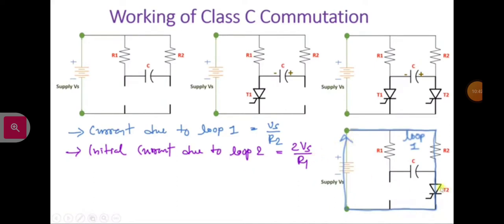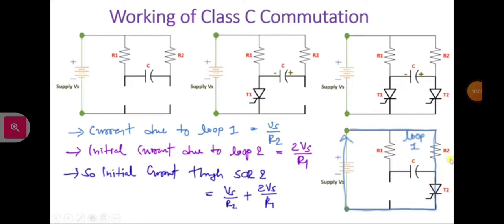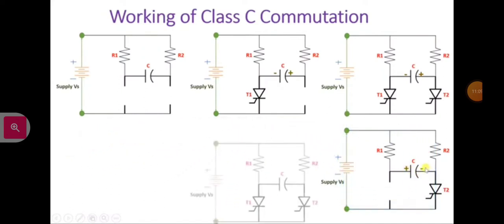And current through thyristor T2 initially will be maximum, with the value 2Vs by R1 plus Vs by R2. Once this capacitor charges to minus Vs, current through T2 changes to Vs by R2. So now you can see the polarity of the capacitor is plus minus like this.